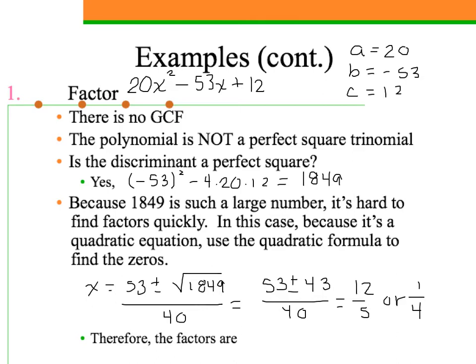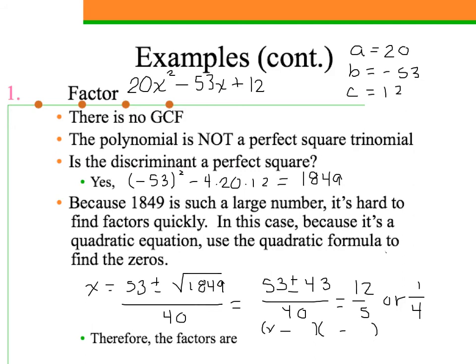So here's an example where our zeros are fractions, and we want to write the factors with integer coefficients whenever possible. So here's the trick. We have two zeros, so we're going to have two factors. Each of the zeros is positive, so each of these factors is going to have a negative, because remember we need the opposite in our factors.